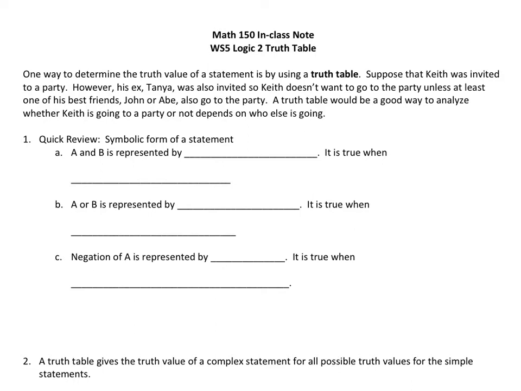The symbolic form of a statement: A and B, here underlined "and", is represented by A ∧ B in symbolic form. A and B is true when both A and B are true. So A and B being true means statement A has to be true and statement B also has to be true.